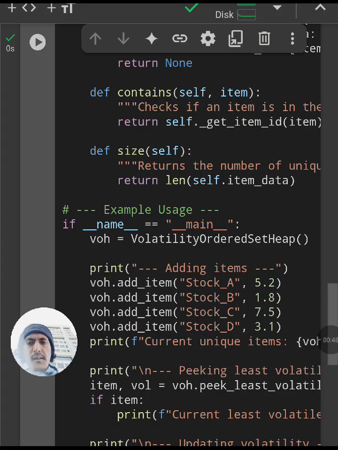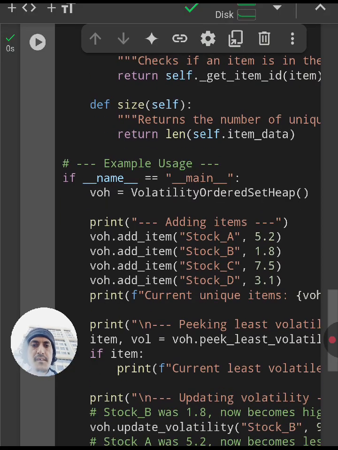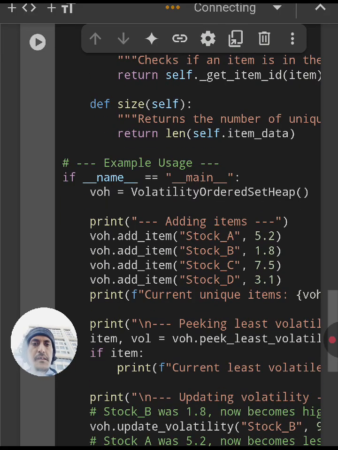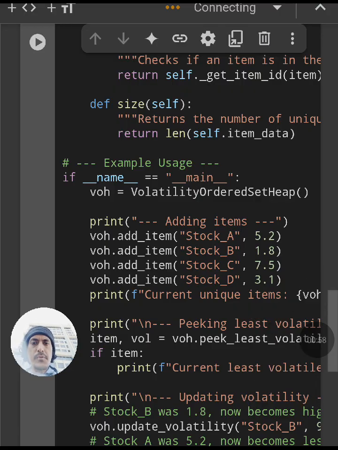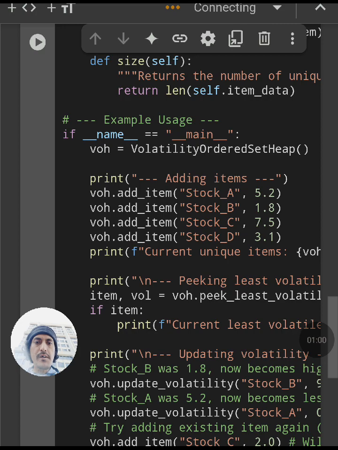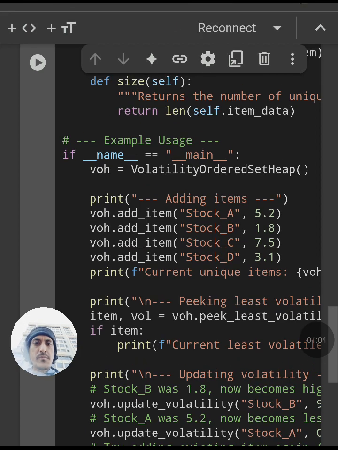So here is a sample run for the code for VOSH. So creating the heap first, then we have adding items: stock A 5.2, this is the volatility score, stock B with the volatility score 1.8, then stock C volatility score 7.5, stock D with 3.1.